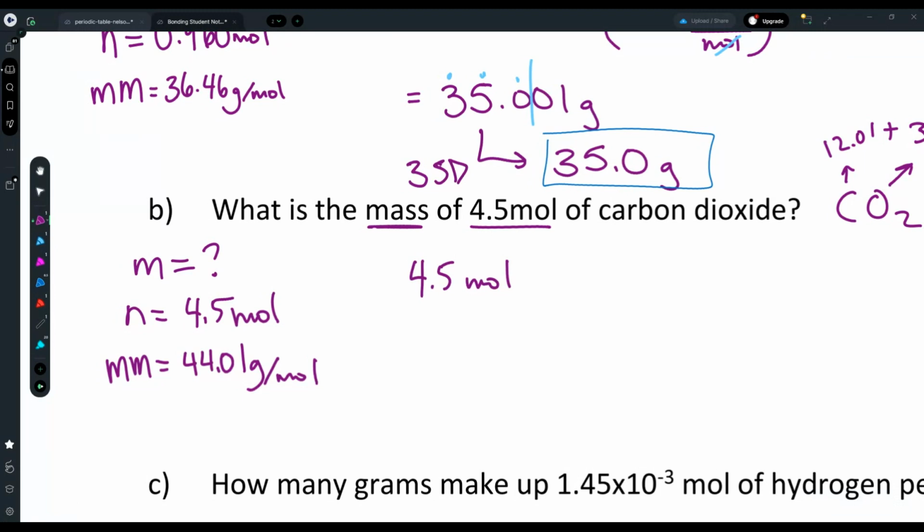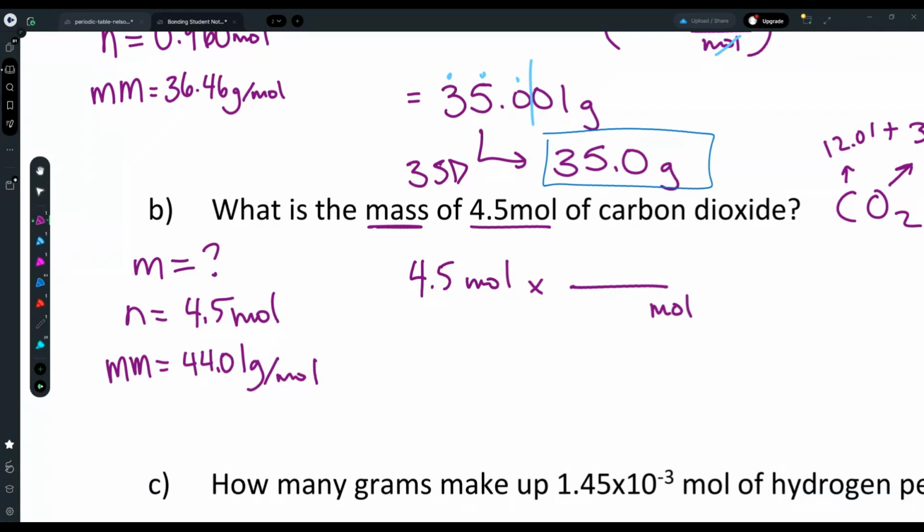So we're starting off with moles. We need to get to grams. So that means we need to cancel out moles and then get our final answer in grams. So if moles is on the top, okay, based off of the principle of if you have the exact same thing on the top and the bottom, they will cancel out. So I'm going to put moles in the bottom.